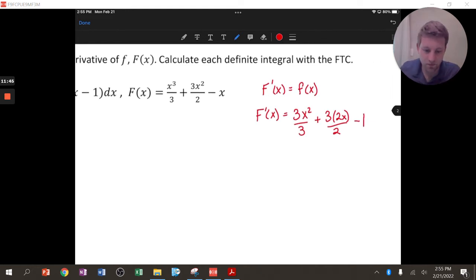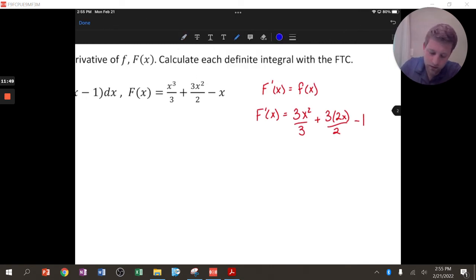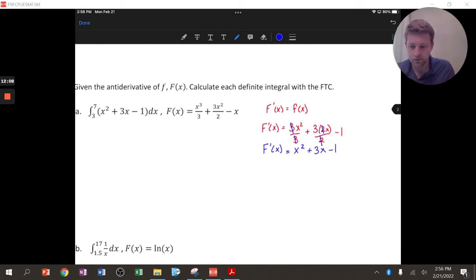Looking at the simplifications we can do, I think we do find that this will simplify down to x squared plus 3x minus 1, which happens to be the function that we're integrating.